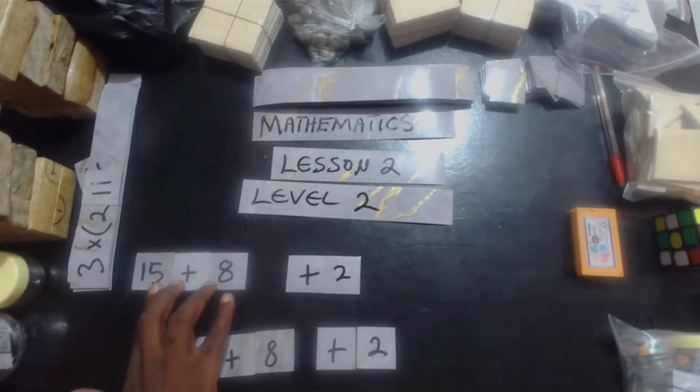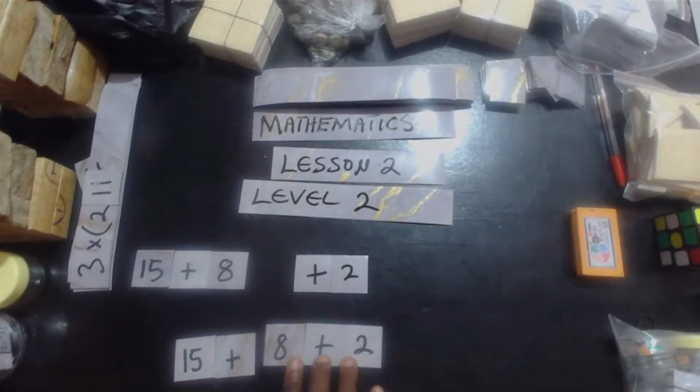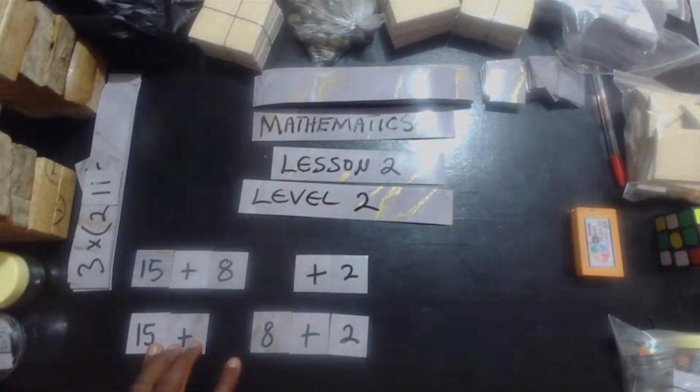Notice that for the first set, 8 plus 15 are added first, and then 2 is added second. For the next step, I'm going to add 8 plus 2 first before I add on to 15. This is the associative property.